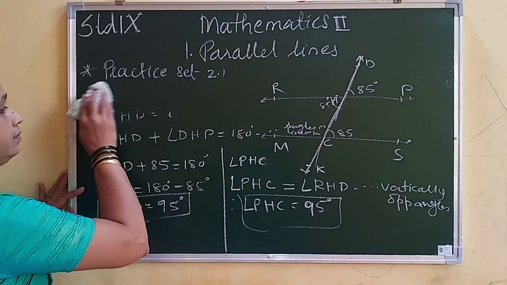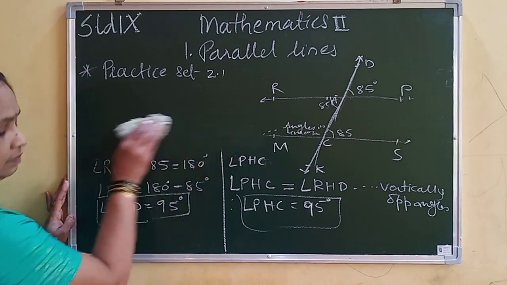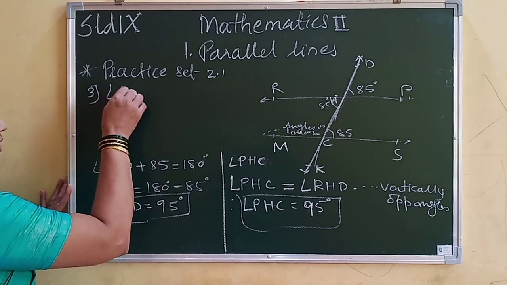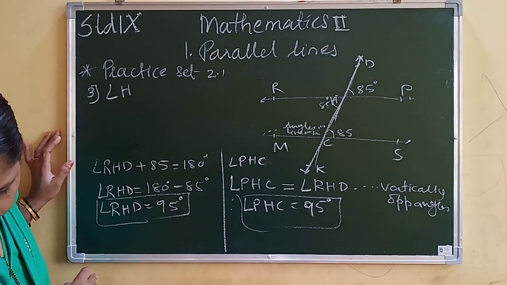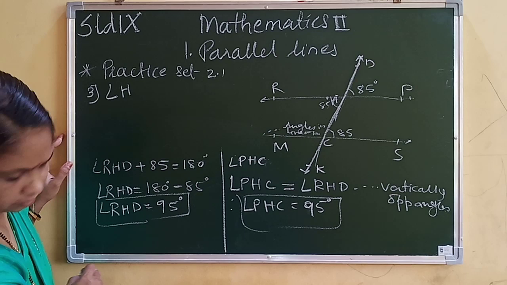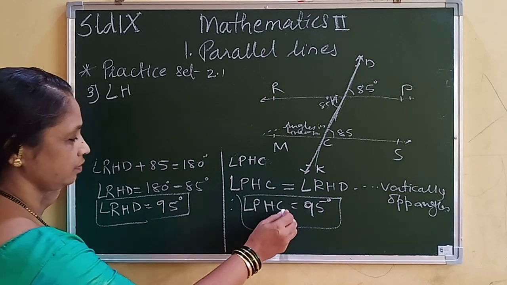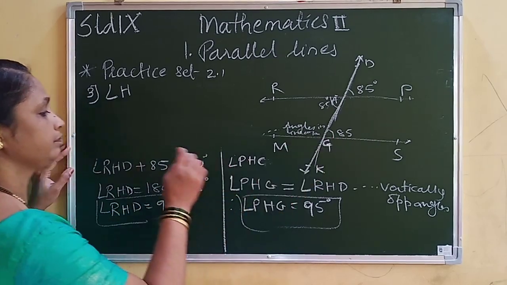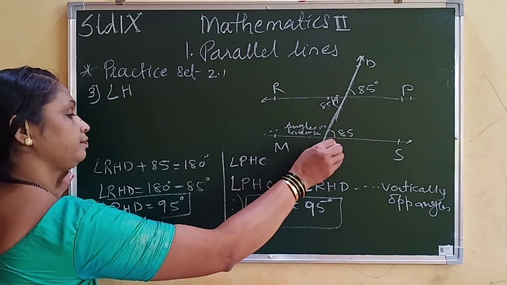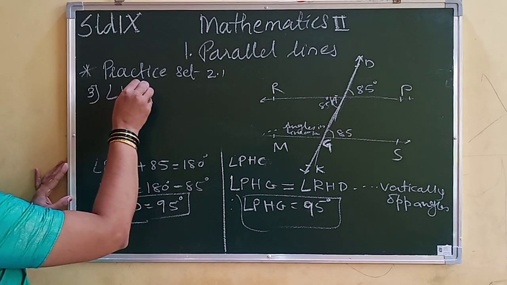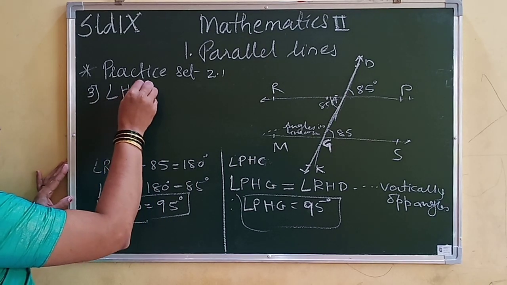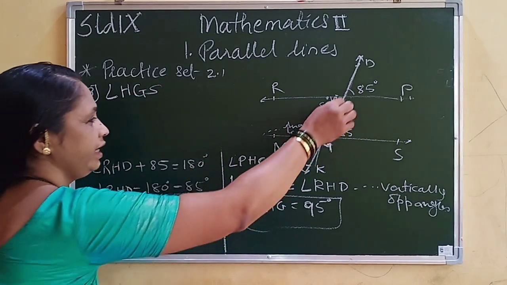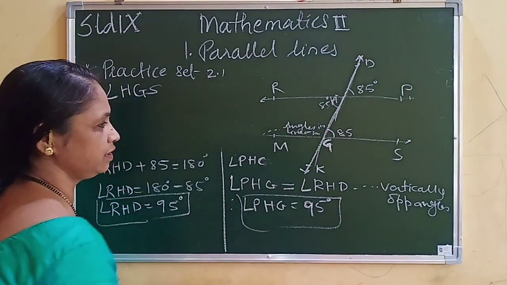Okay. Now next type, that is the third one, angle HGS. It is looking like G, so we will consider G and give this name as G. H, G, S means HGS. This angle you have to find out.